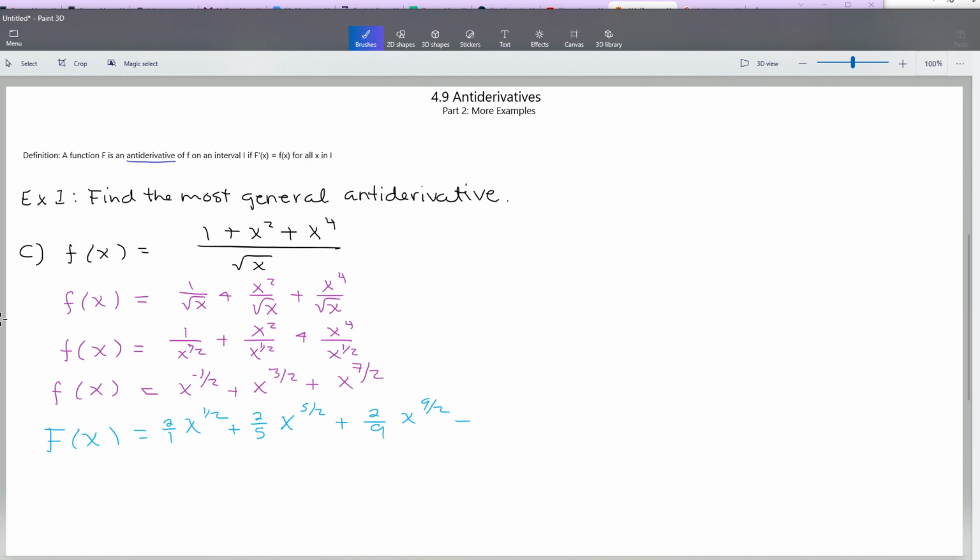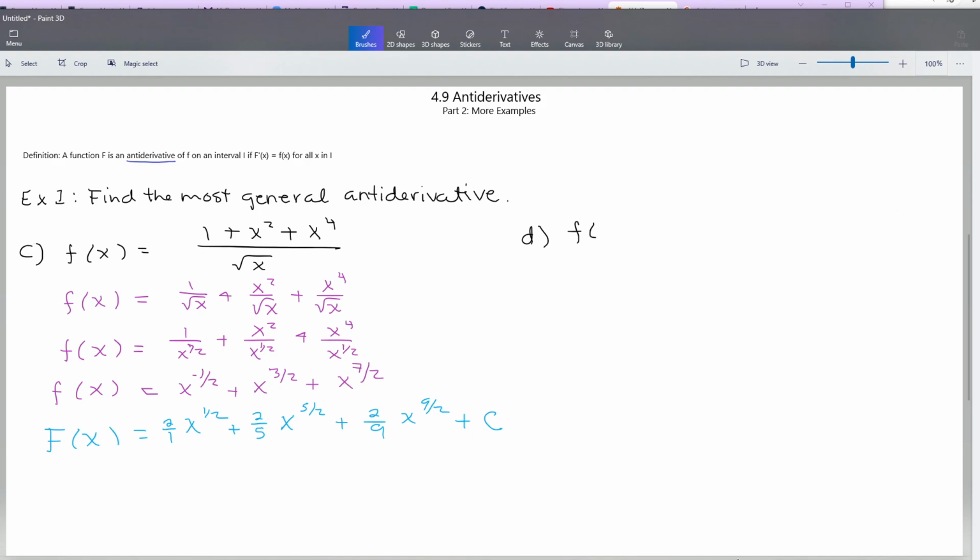And then I still need my constant. Okay, so that's one trick to doing a more complicated antiderivative. You can always use tricks to simplify it before you even start thinking about the antiderivative.